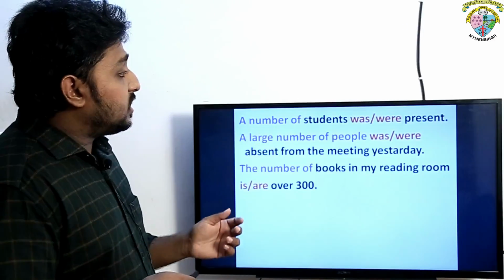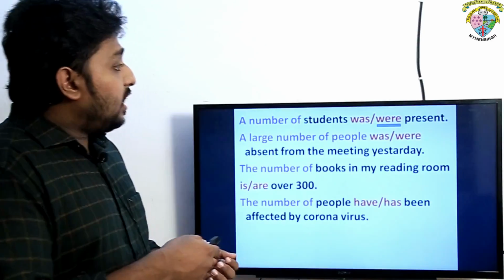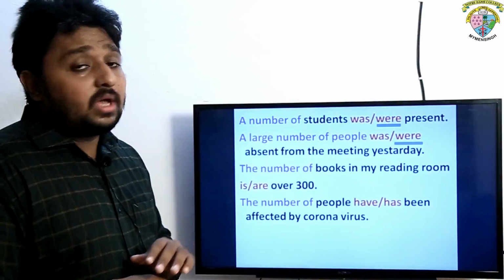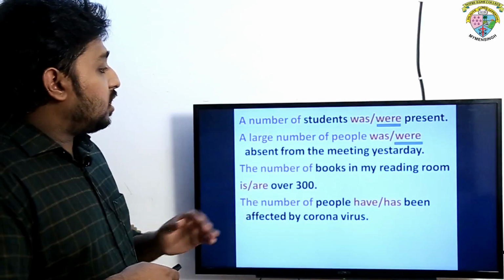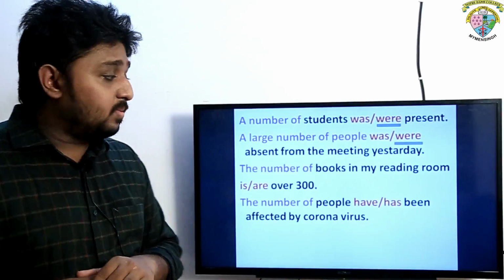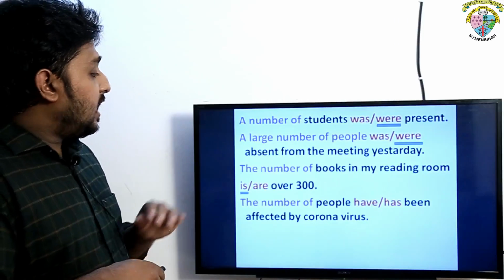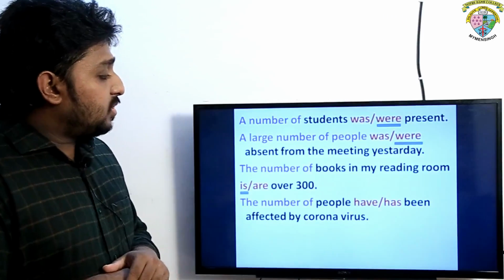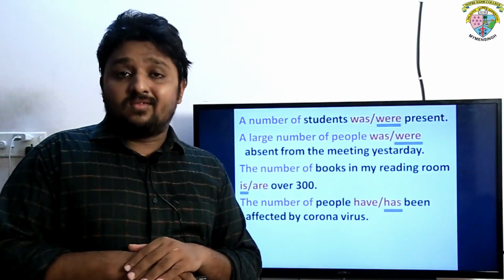So in the first one, clearly we have to use were, and in the second one we have to use were, and in the third and fourth ones we have to use a singular verb. So in the third one the answer should be is over 300, and in the last one the number of people has been affected by coronavirus.